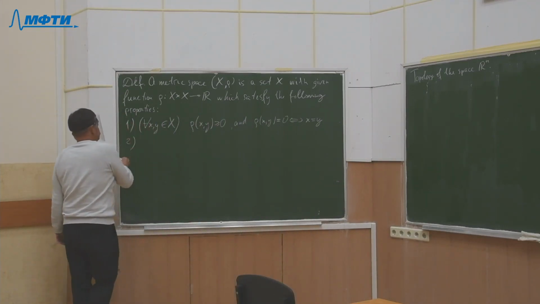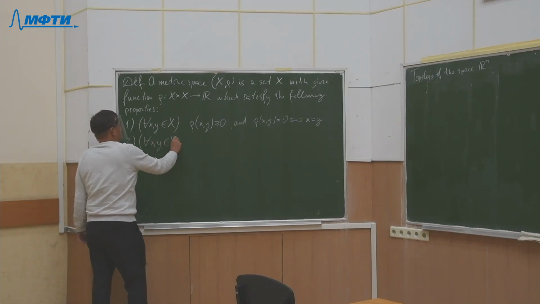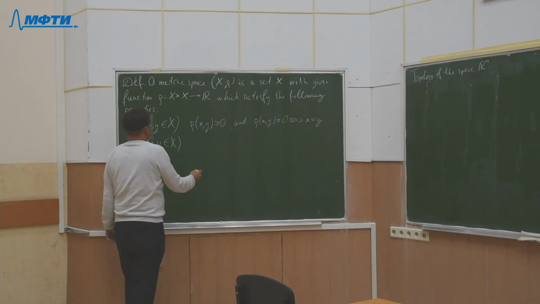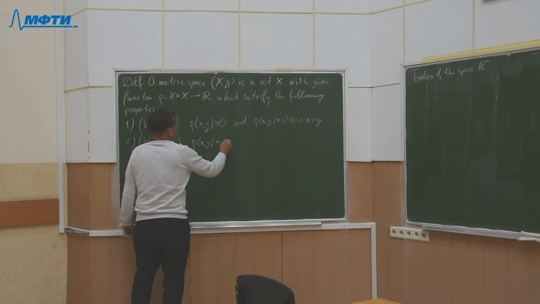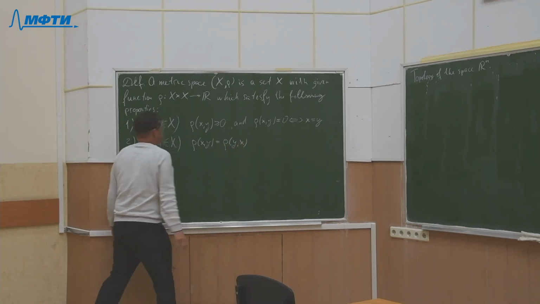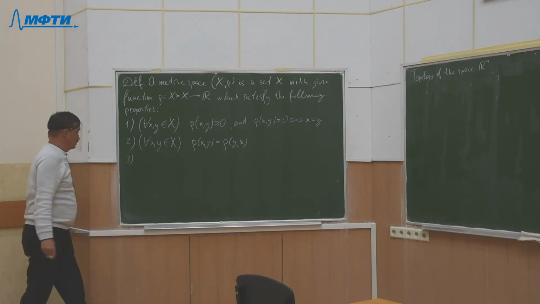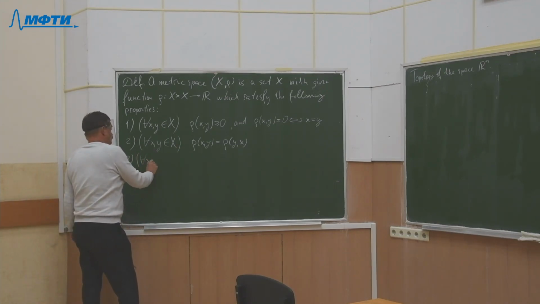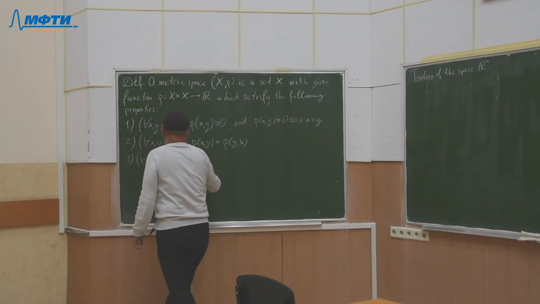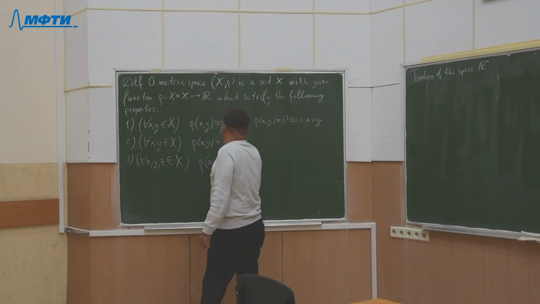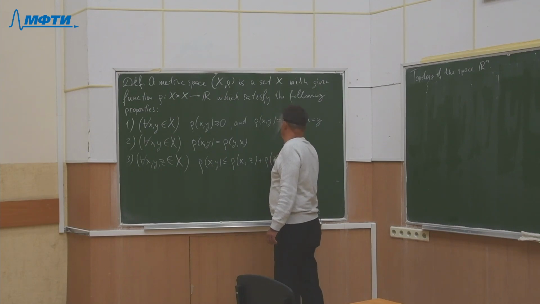Second, for arbitrary x and y in X, rho of x, y equals rho of y, x. Third, triangle inequality again. For arbitrary x, y, z in X, we have rho of x, y less or equal rho of x, z plus rho of z, y.